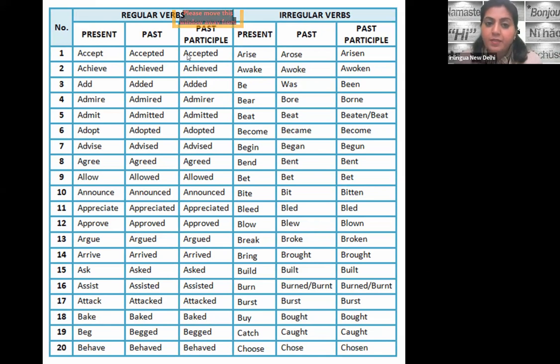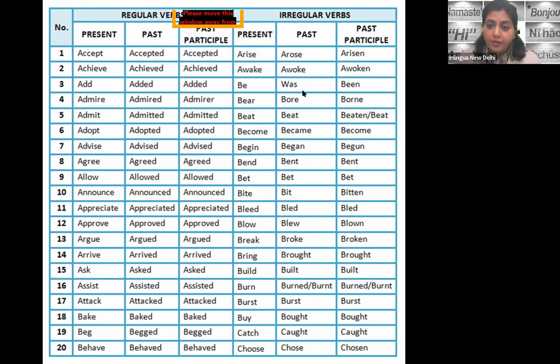Now, accepted doesn't change in the present perfect tense. It remains the same. There are so many other words: achieved, admired, advised, agreed, announced, behaved, begged, baked, etc.